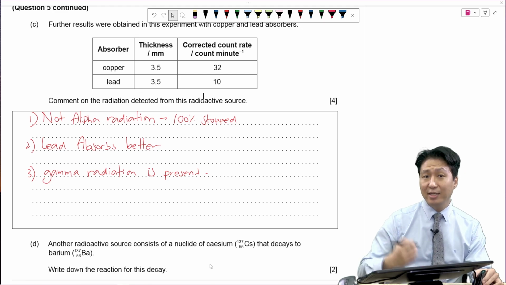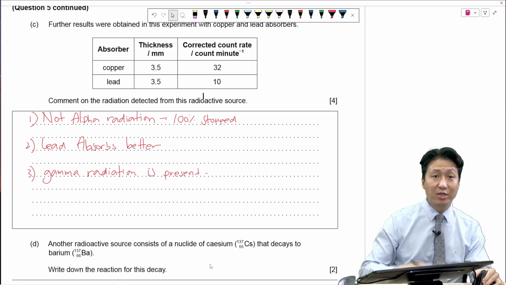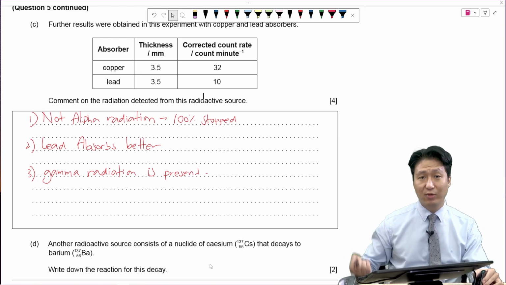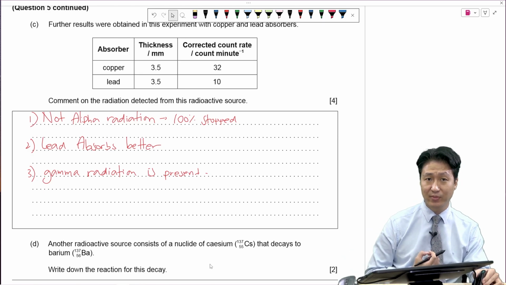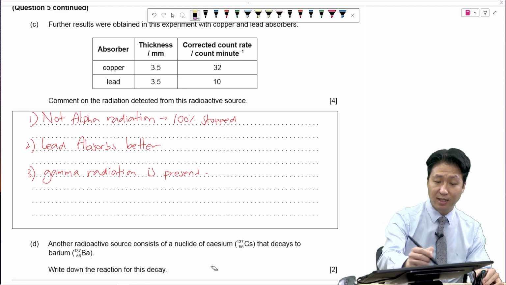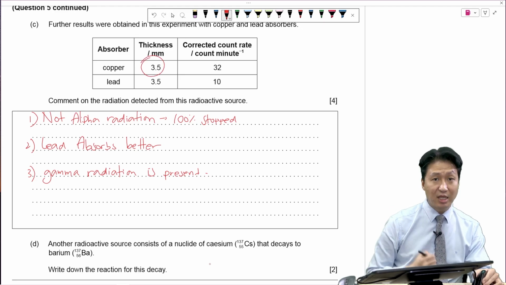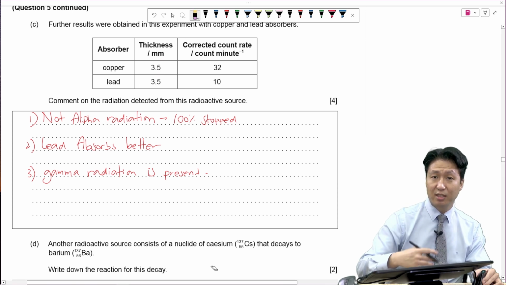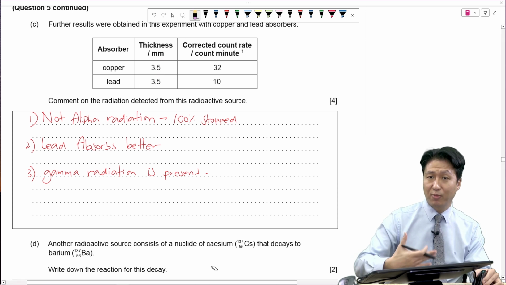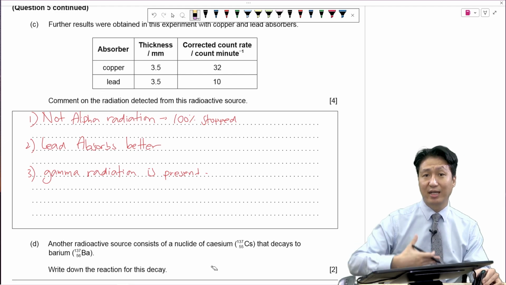And then last thing is, you can either say that there is beta radiation or there is no beta radiation. Doesn't really matter which one. You just have to give a reason for why you think so. So you can say that, well, it's able to go through thin metal, so it can be beta, or the metal is too thick. Beta particles will not be able to go through this metal, so it cannot be beta.